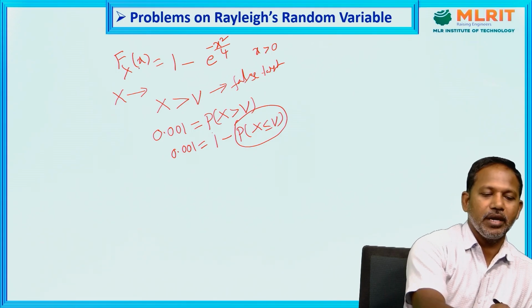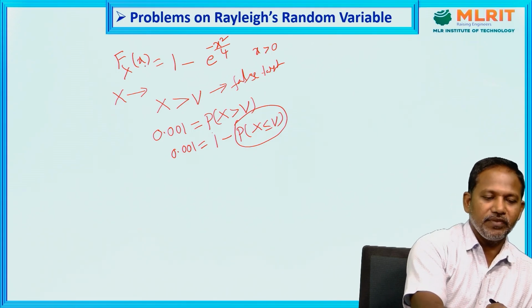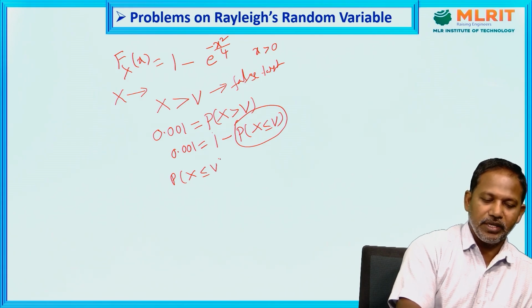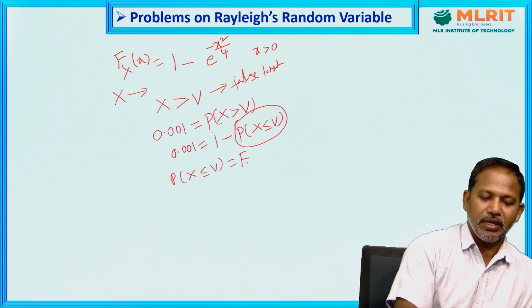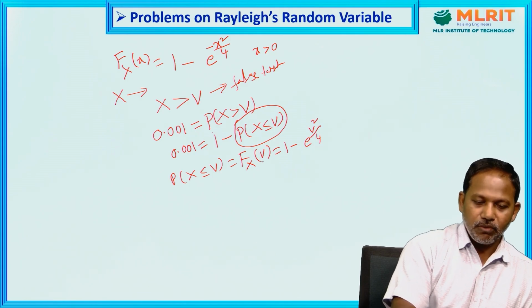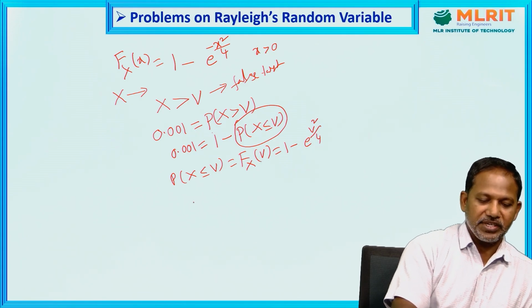We know this already; here instead of x we are using V only. First I need to find this value: P of x less than or equal to V is equal to capital F_X(V), equal to 1 minus e power minus V square by 4. Okay, now I need to substitute this value in this equation. What will happen?